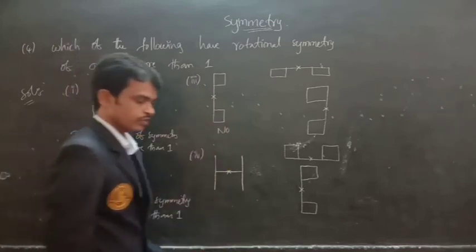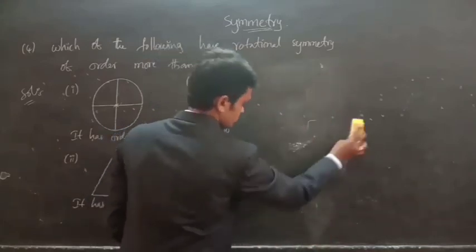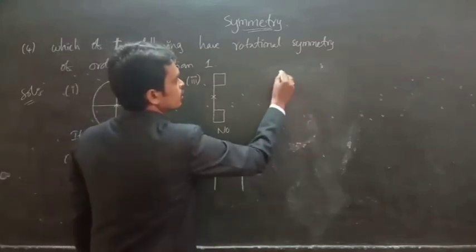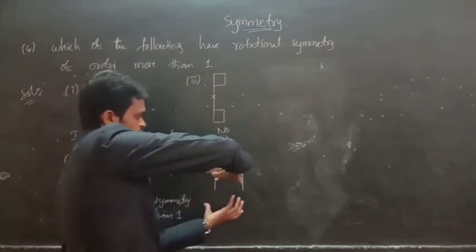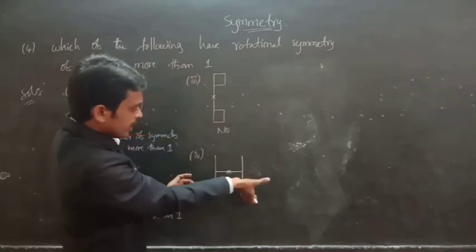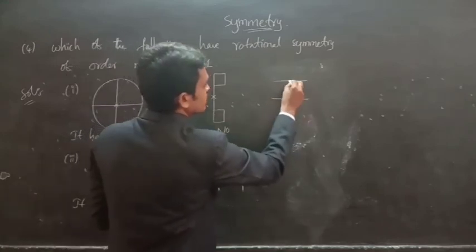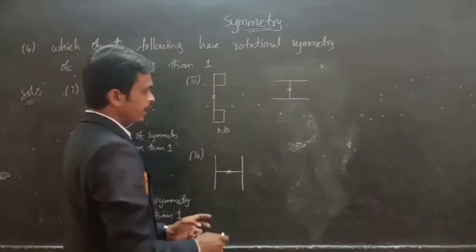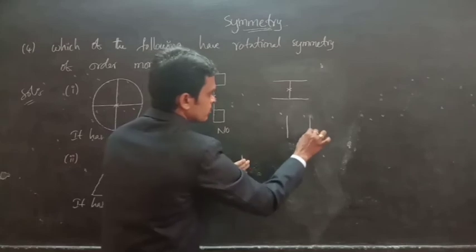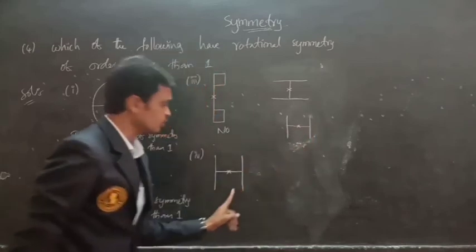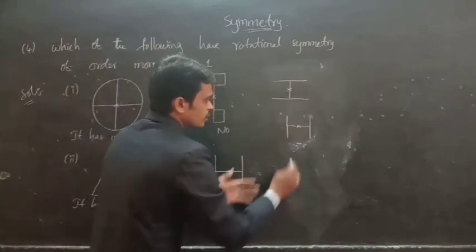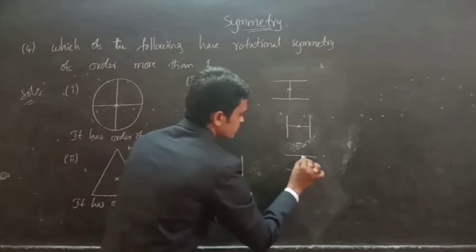Now the letter H. Let us rotate the letter H. This H letter rotates like this. Then it will be like this. Again, go for further rotation. It will again stand vertically. Yes, it came to the original position. And again go for further rotation. Again it will be like this.